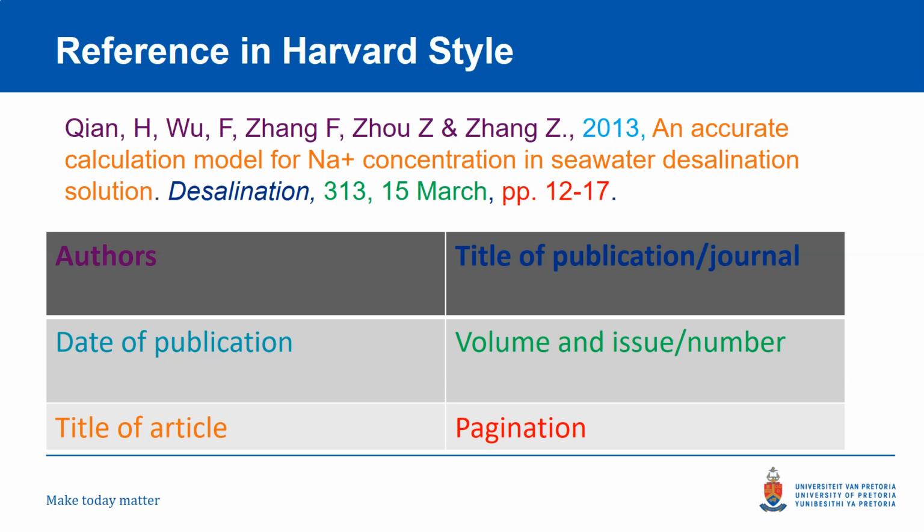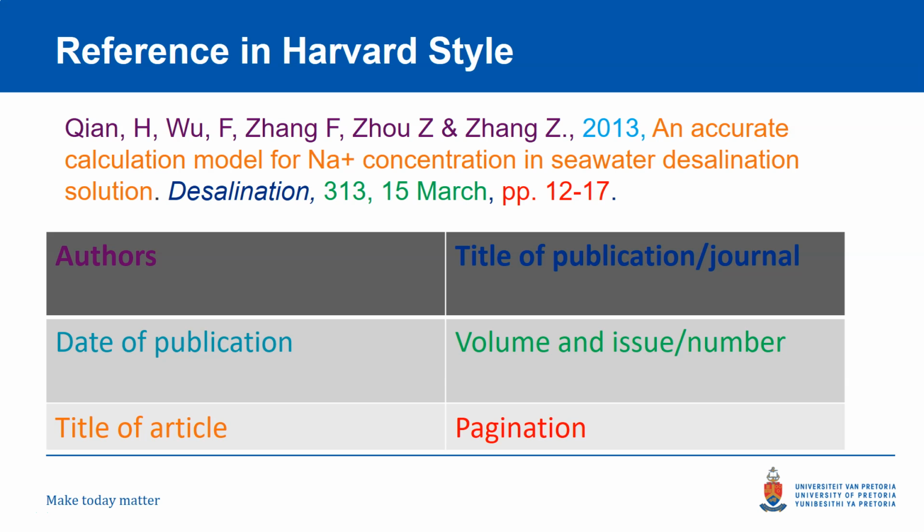If it's published 12 times a year, you will have 12 issues, meaning issue 1 until 12 or January until December, depending on how the journal decides to name their issue numbers. And then you have the page numbers where the specific article can be located inside the journal. So it's a bit of a mouthful, but as you start to write, you will get used to this.